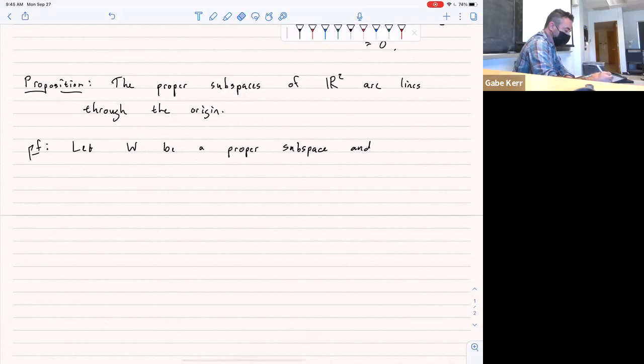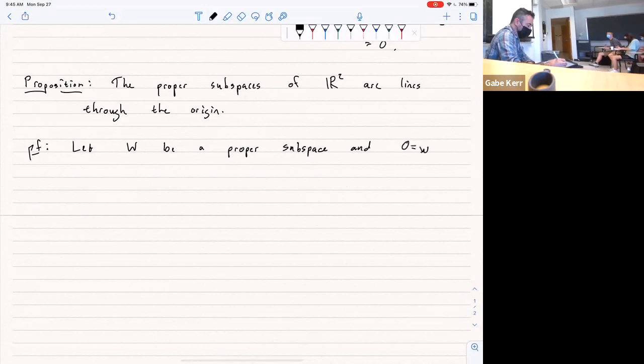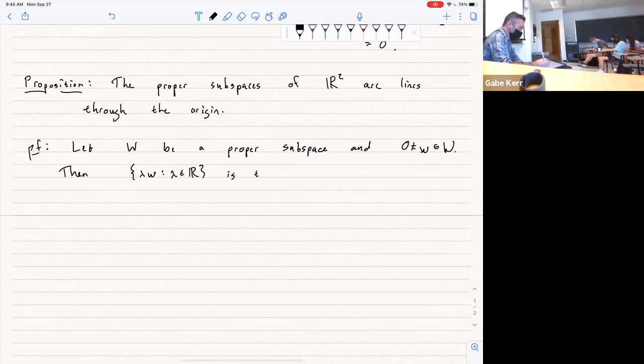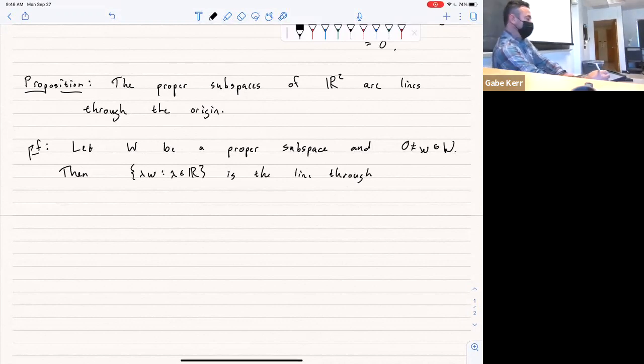I know there's some non-zero element of W. Then lambda W, where lambda is any element of R, is a line through the origin. We'll just say through W. You could say in the direction of W, but I want to stop using that language in this class. I'll just say through W.